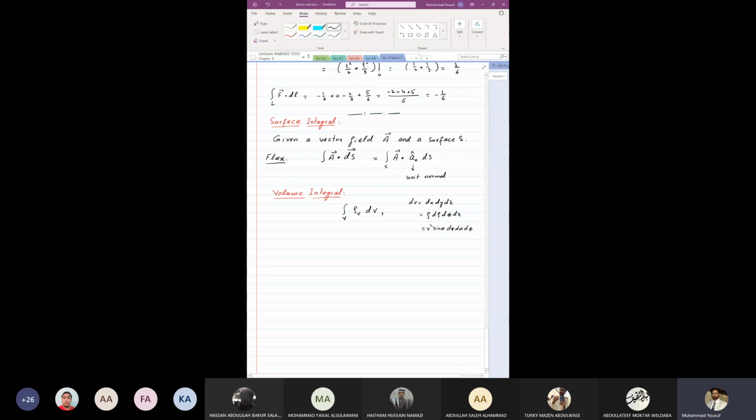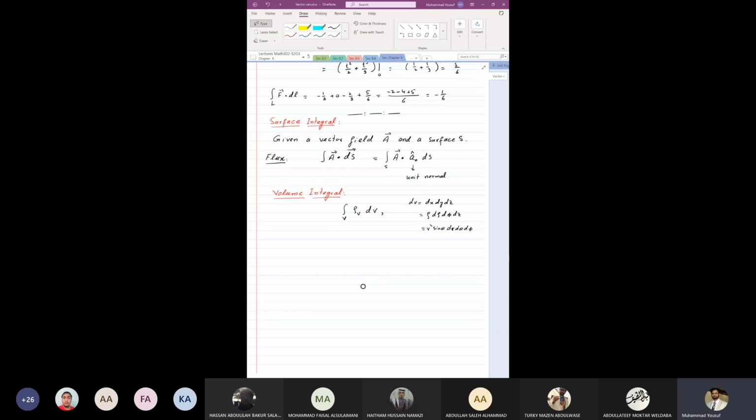Remember, Shabab, this volume integral does not give us the volume of that solid. This gives us the integral of a function rho v, where rho v is a function of x, y, z, and those x, y, z are taken from the solid whose volume is v. And the surface integral does not give you the surface area, it gives you flux. And the line integral does not give you the length, it gives you the work.